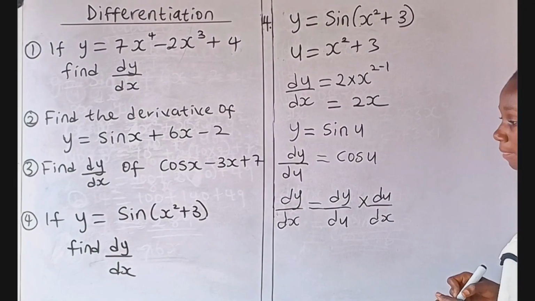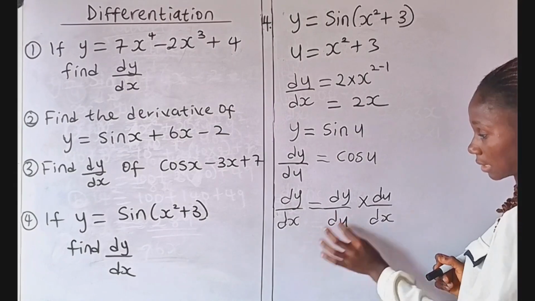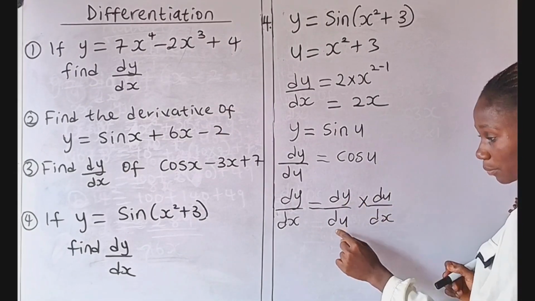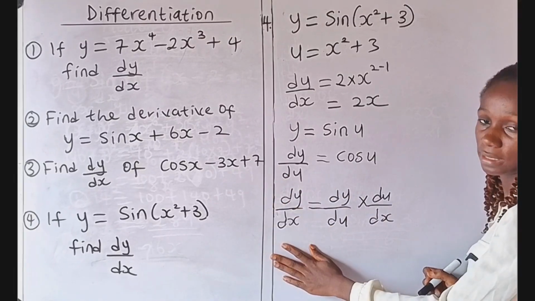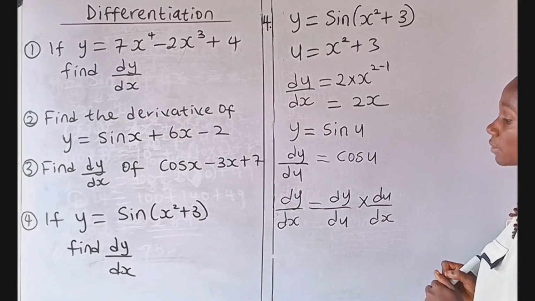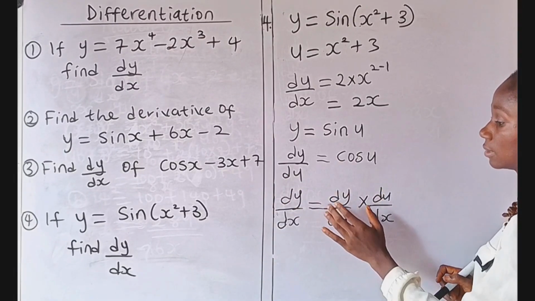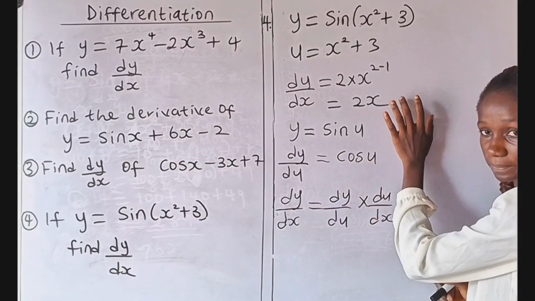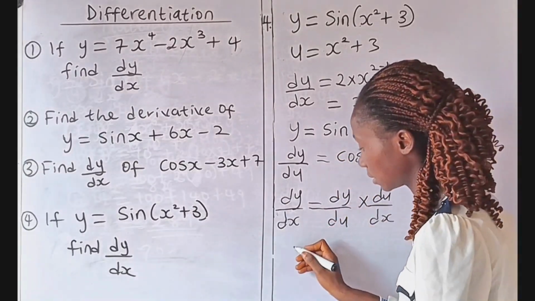Look at something. If you cancel this and cancel this, what will you have? dy times 1 times dx, which will also give you dy/dx. This is what we call the chain rule. And we have already found our dy/du and our du/dx here. So we are almost done.